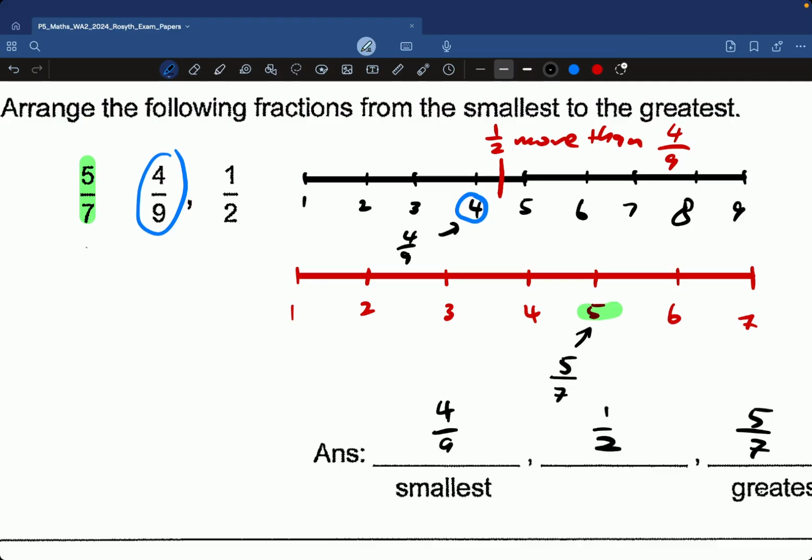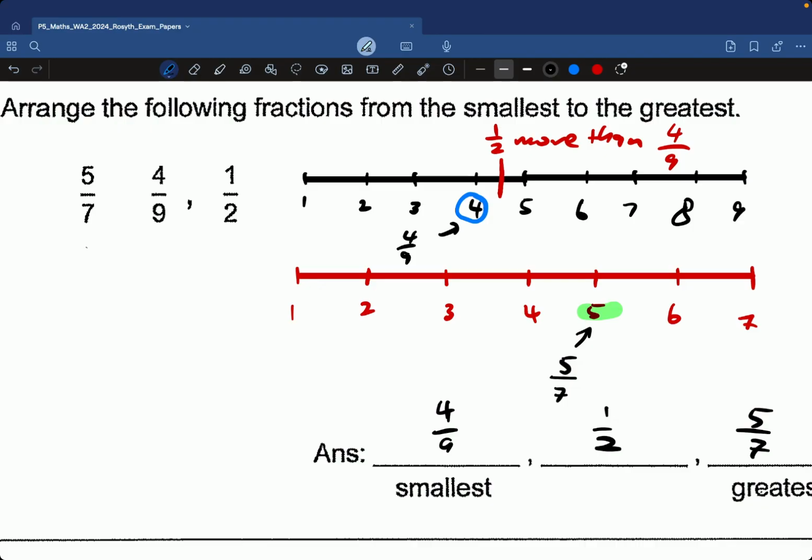Another way is to make all of the denominators the same. This is a little bit more calculation, but what we can do is find the common multiple of 7 and 9 first, because half is easier to calculate.